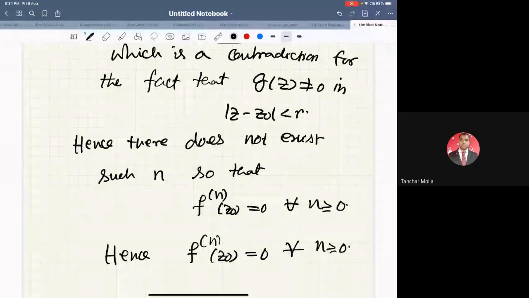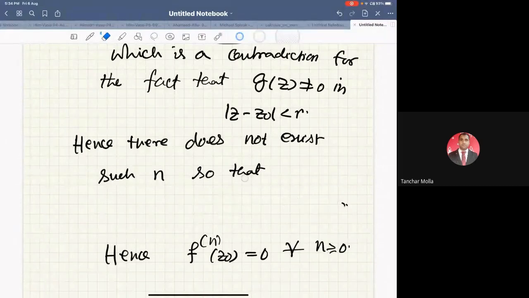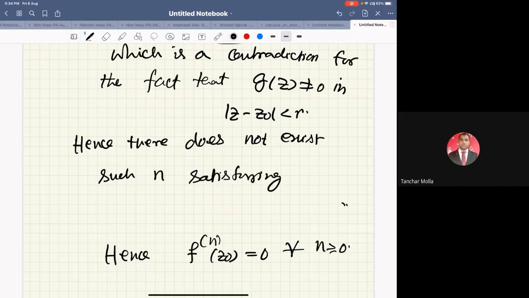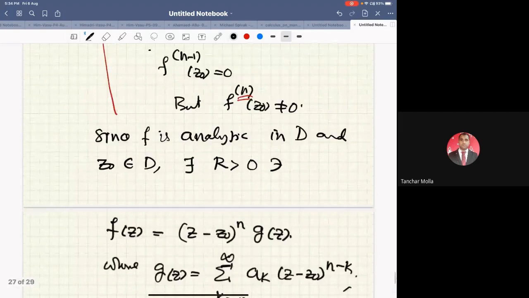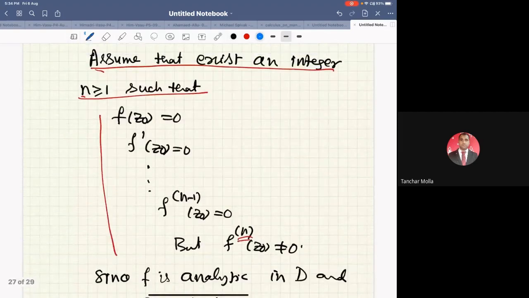Let me write clearly. Hence, there does not exist n satisfying, can I call this one as star? I will call this a star.